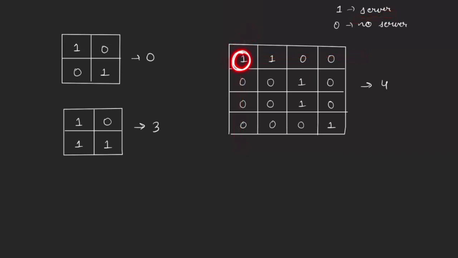So basically, if this is the cell, first we will check its row. If there is any other cell containing a 1, we will count it. If not, then we will check its column. If there is any other cell with a 1, then we will count it. And if not, then we will just move to the next cell because this is not communicable. So this is the brute force.